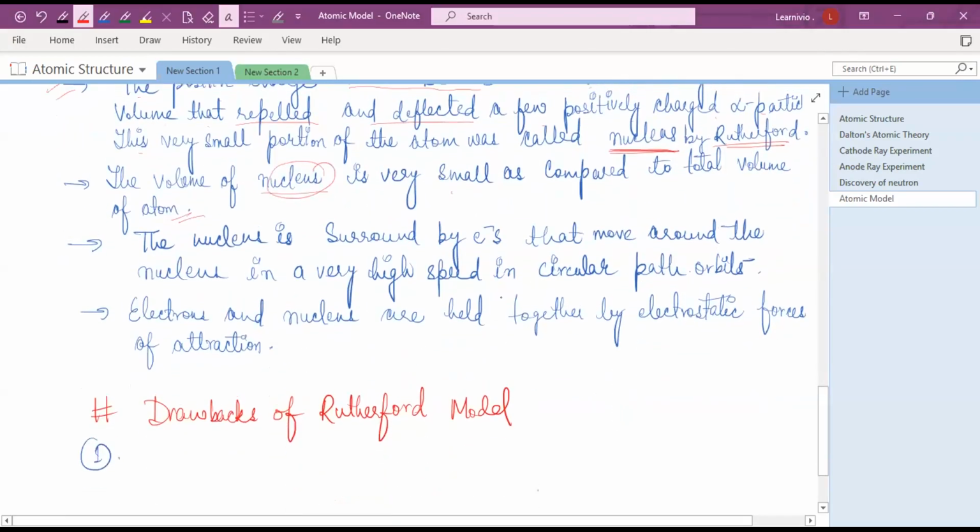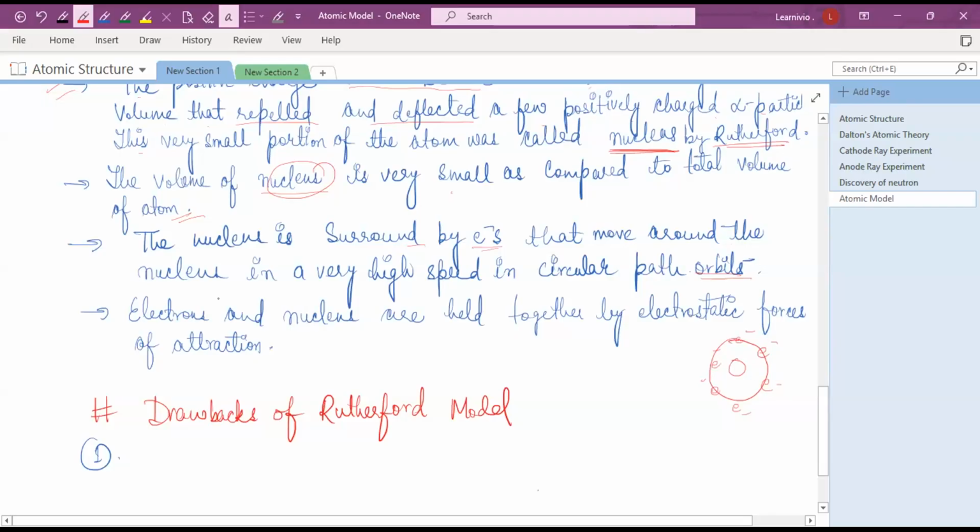The nucleus is surrounded by electrons that move around the nucleus at a very high speed in a circular path called an orbit. In his nuclear model of the atom, the Rutherford nuclear model, he said that the nucleus is surrounded by electrons like this, moving in a circular path called an orbit at a very high speed.